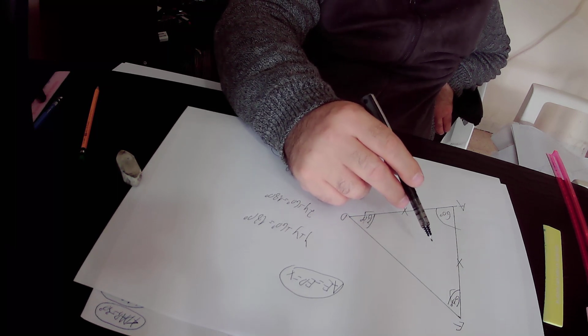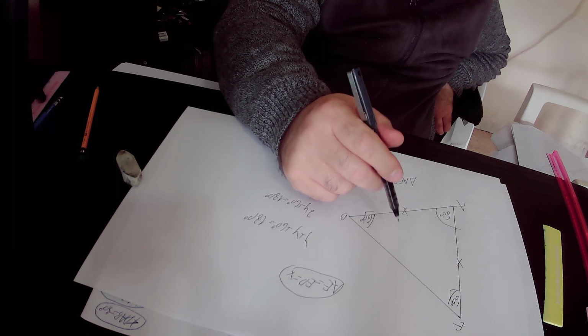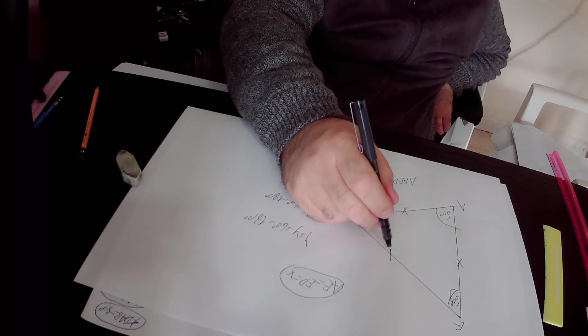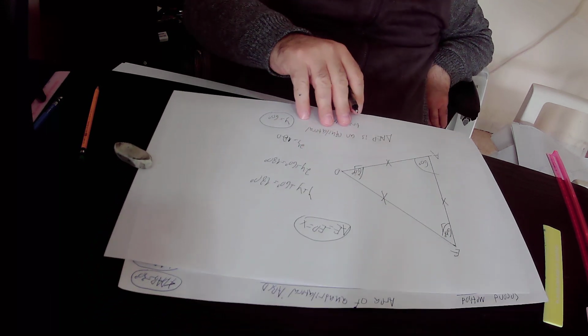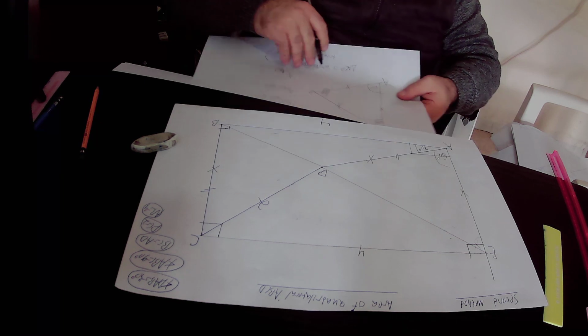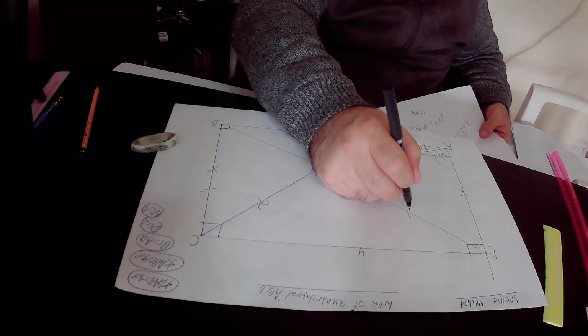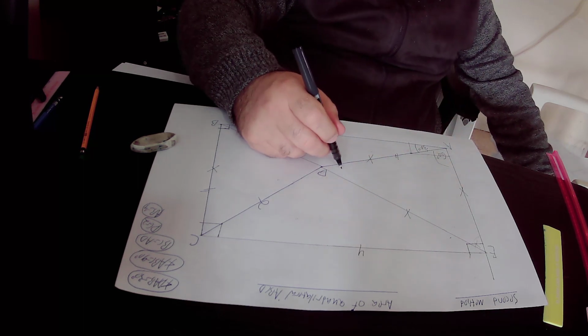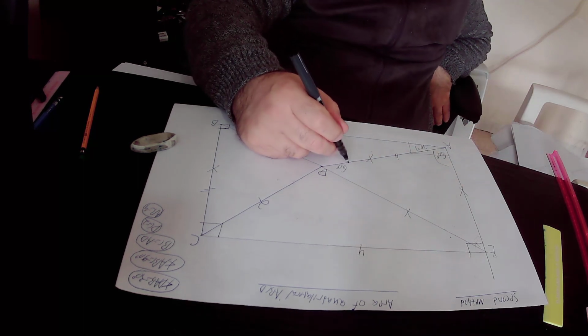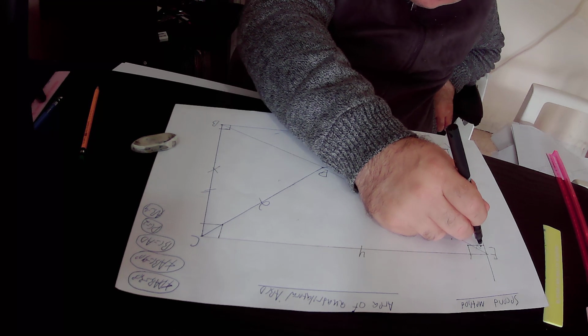So if AE is x and AD is x, then ED also must be equal to x. So we know that ED equals x, this angle equals 60 degrees, and this angle also equals 60 degrees.